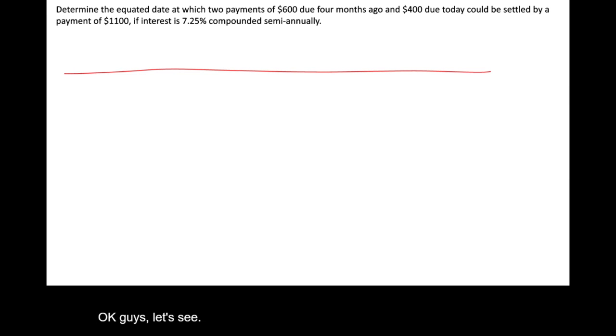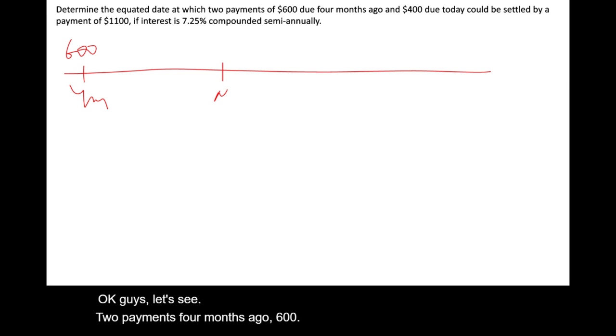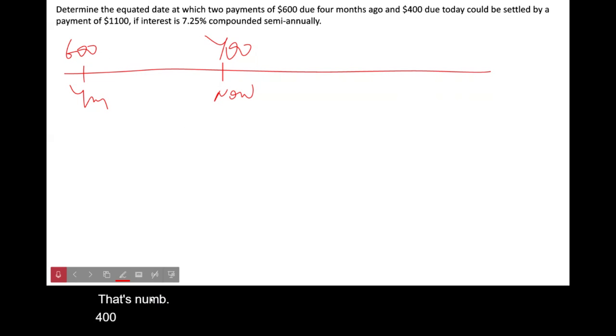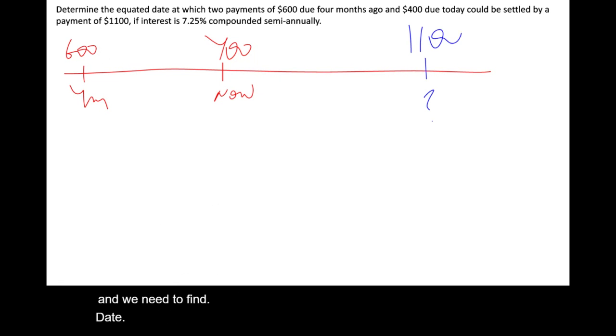Okay, guys, let's see. Two payments: 4 months ago, 600. That's now, 400. And we need to find the date when we can pay 1100.